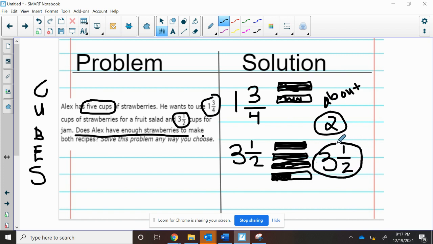All right. So now I have estimated to 2, and then I kind of left that at 3.5. So I need to add these two things together. Okay. So I have 3.5 and I have 2. So that's going to give me about 5.5 cups.